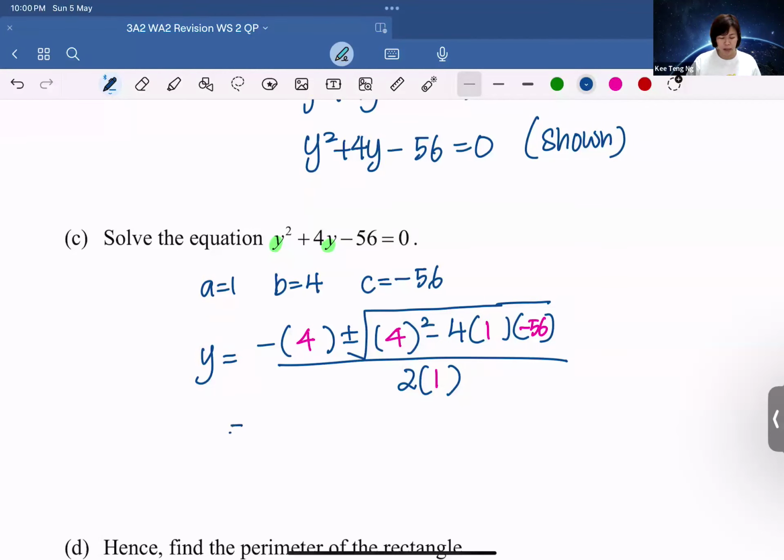And I got my two answers, 5.7459, and count the digits, 1, 2, 3, 4, 5. So in this case, I need to round this off, round up to 5.75. Or second answer, negative 9.7459. That will be round up again. Then I'll round it off to 3 significant figures, 1, 2, 3, round up.